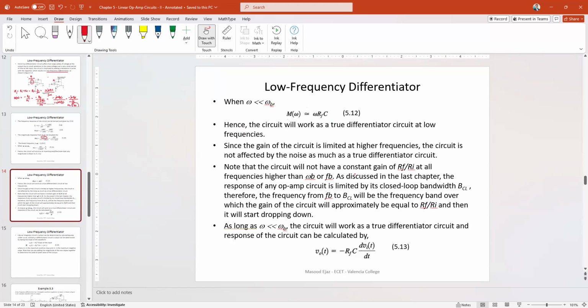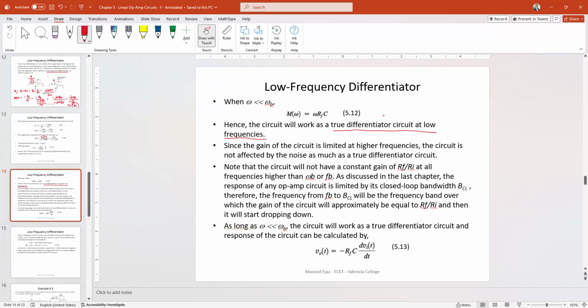So it is going to work as a true differentiator circuit at low frequencies, and at high frequencies, higher than omega b, it is going to work as an inverting amplifier. But there's another thing. Remember, in the last chapter, chapter number 4, we discussed the effect of the closed loop bandwidth and the slew rate if your input signal is sinusoidal.